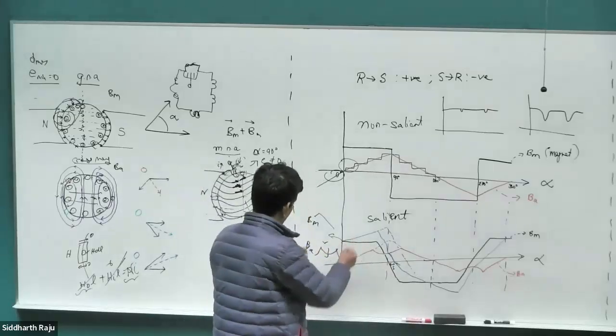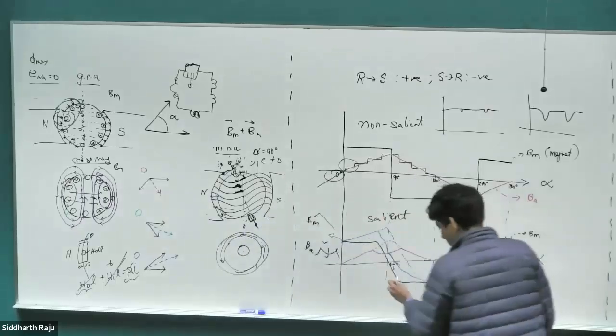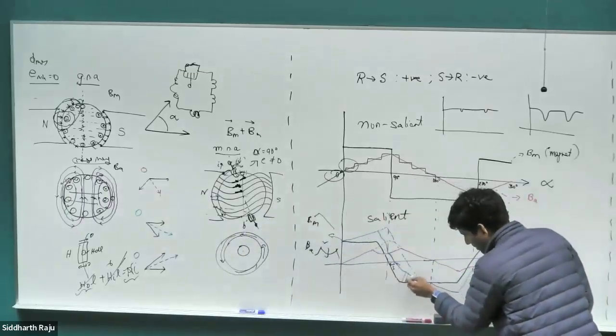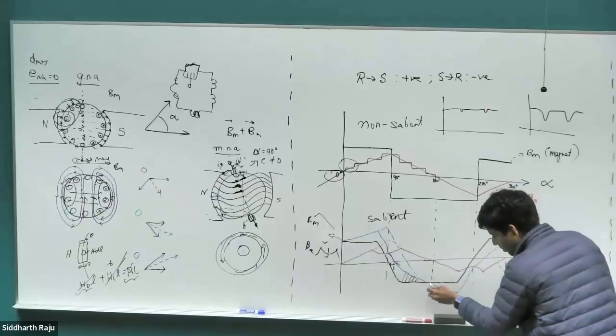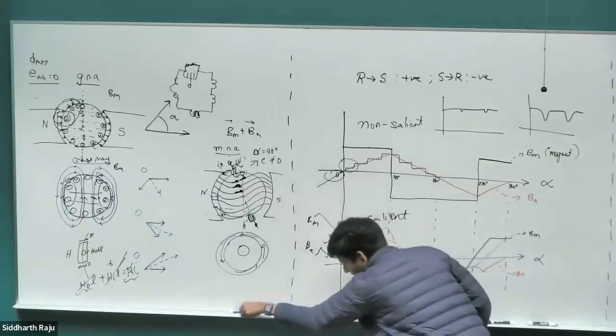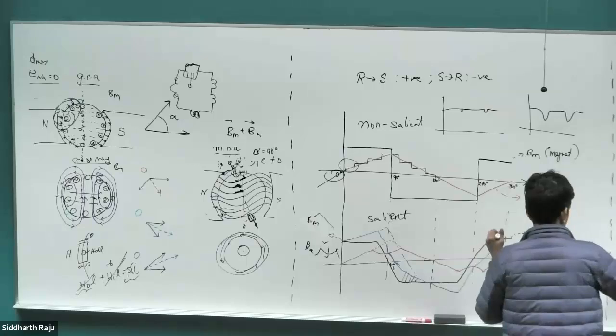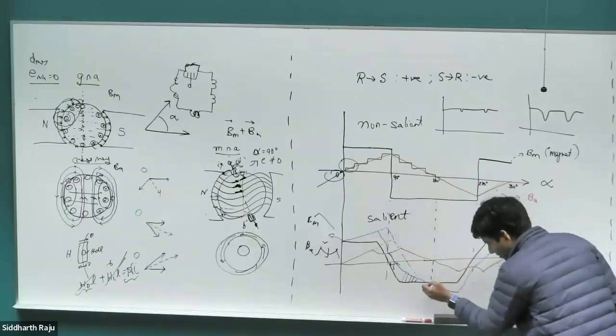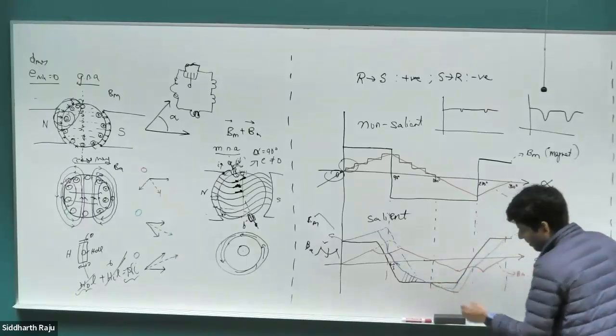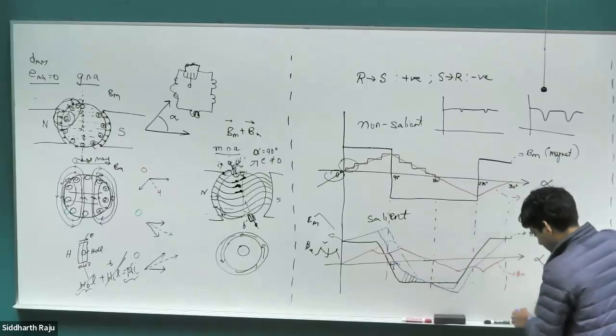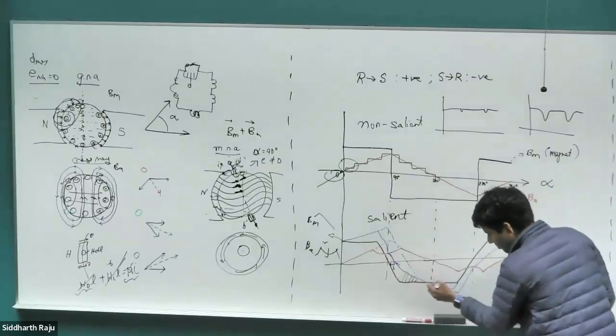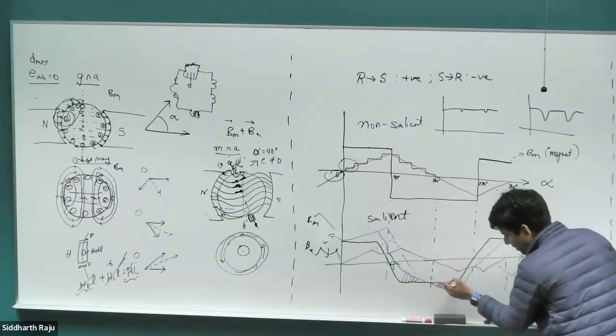When we add them up, the amount it falls versus the amount it raised would not be the same. So when we sum those 2 values together, it is not going to give the same as when it was subtracted out. Right? So this area is not going to be the same as this area.